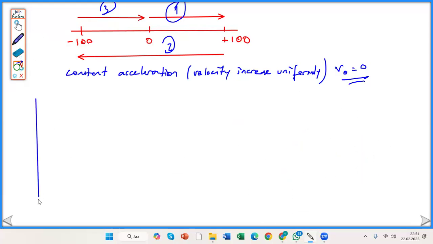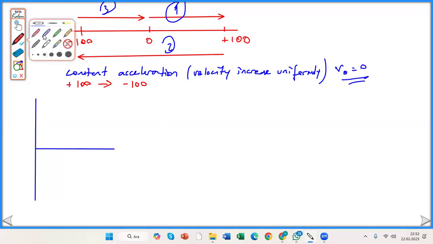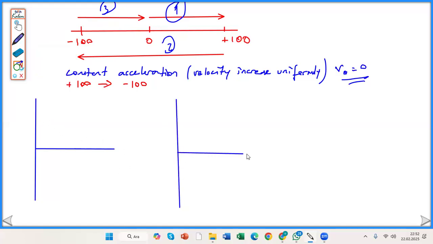When you look at the other options, our first position is positive 100 and the last position is minus 100. That's why some points change. Let me show you each graph once again: position time graph, velocity time graph, and acceleration time graph.